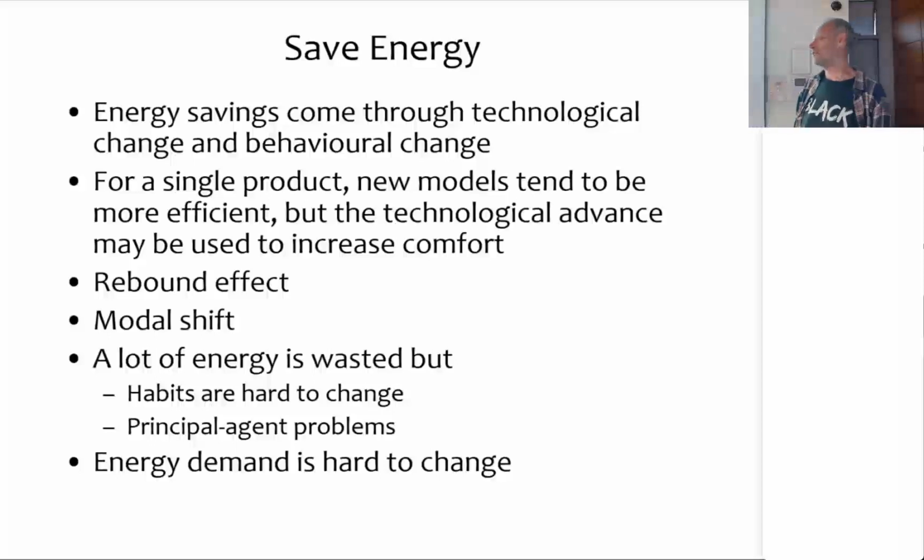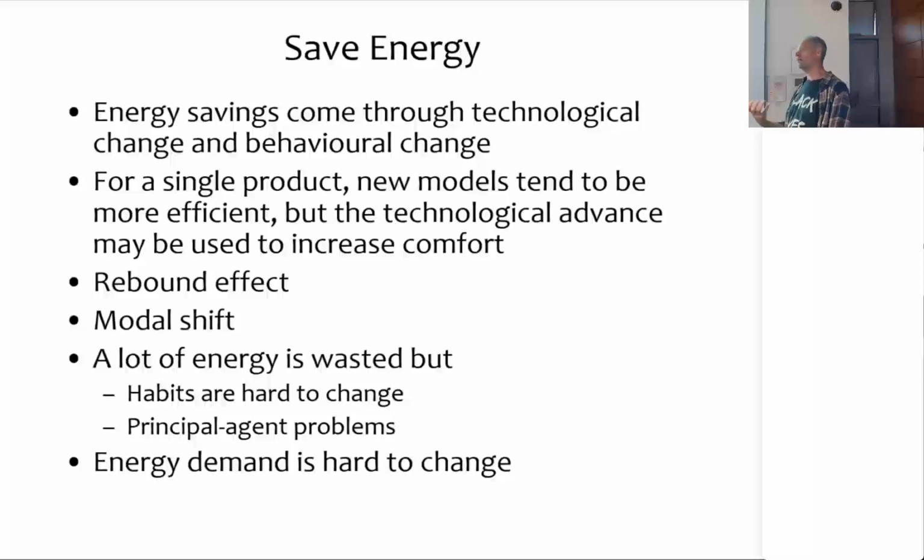Because people like to walk around their house in their underwear rather than fully clothed, right? Another way of saving energy is to convince people that a holiday in Bristol is just as exciting as a holiday in Bangkok, right? And yes, you would use much less energy if you would holiday in Bristol rather than in Bangkok, but it's not quite the same, right?